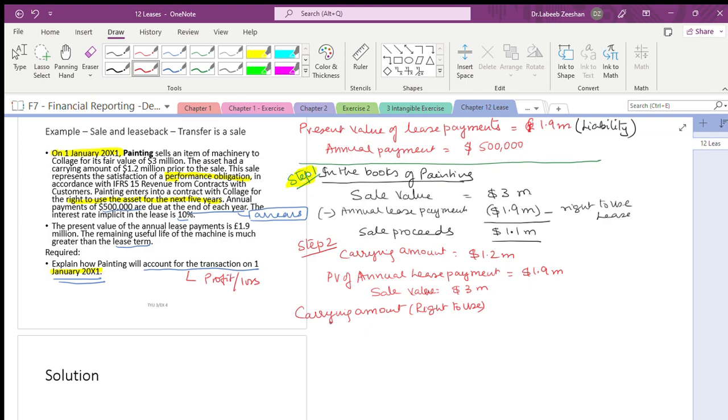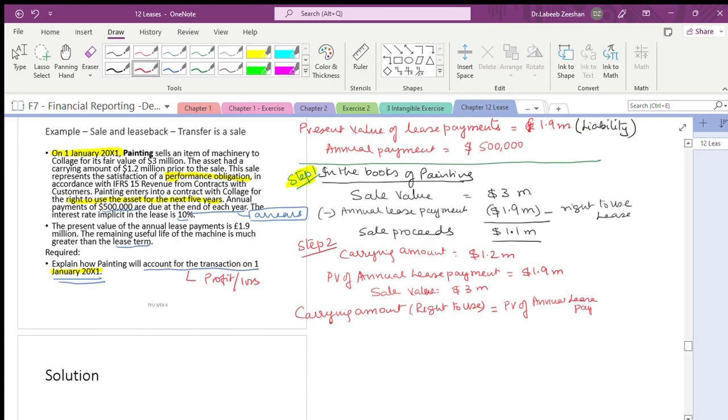You have to make it a point to use the present value of annual lease payments. If you are selling the asset and now taking it again on lease back, then we should know what the right of use is, and how much we have to pay for using it.